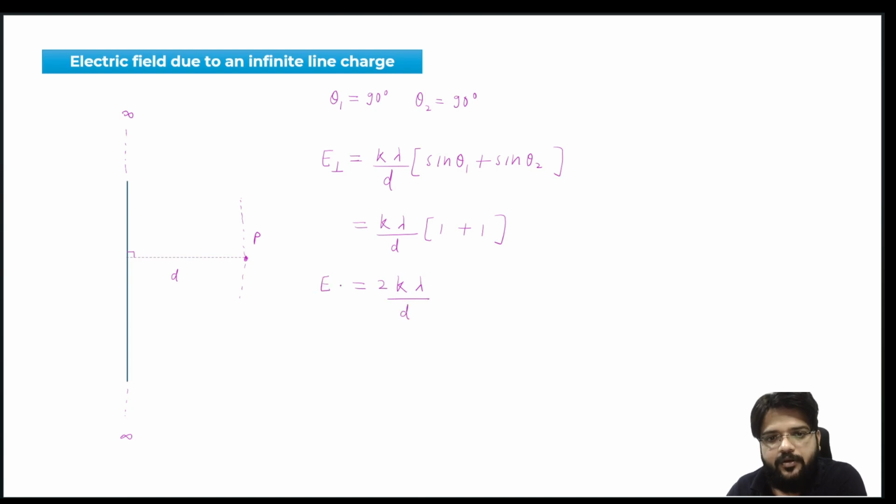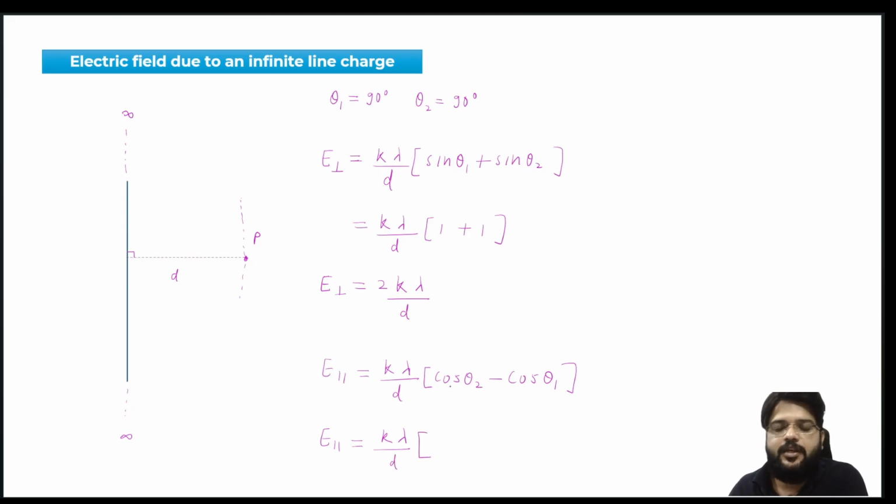This is E perpendicular. Now E parallel: the formula is K lambda by d times cos theta 2 minus cos theta 1. Theta 2 is 90 degree, cos 90 value is 0, so E parallel finally we are getting 0.